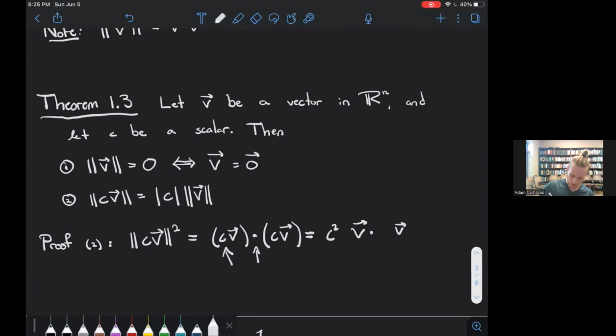So in other words, we are looking at C squared times V dot V. Okay? But V dot V is just the norm of V squared. So this is actually C squared times the norm of V squared.